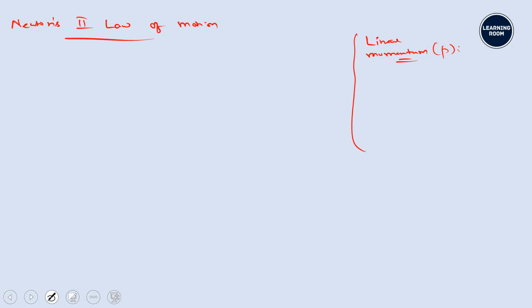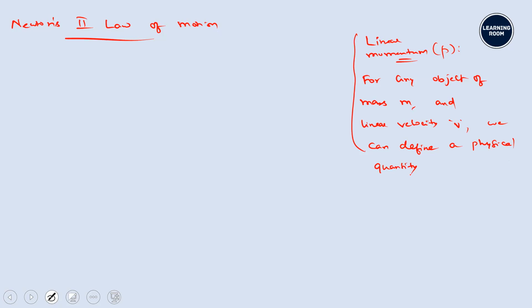Okay, so write it down. For any object of mass m and linear velocity v, we can define a physical quantity which is the product of mass and velocity, and that physical quantity is called linear momentum.